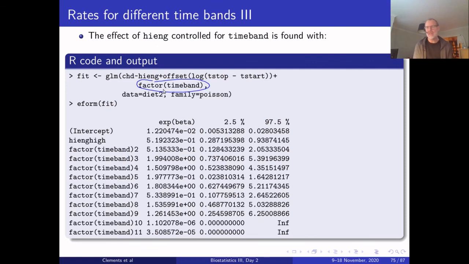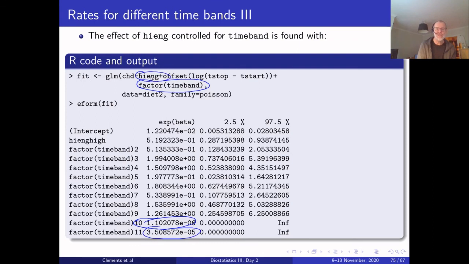This does start to cause some problems because there were no events in some of these time intervals, which is the reason that we get these strange results here. But what this says is that we're doing a main effect for time, adjusting for high energy.